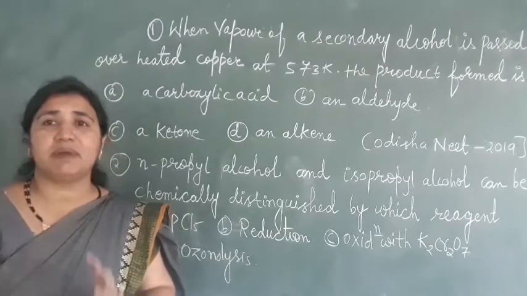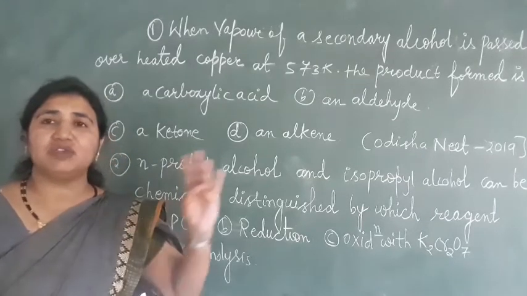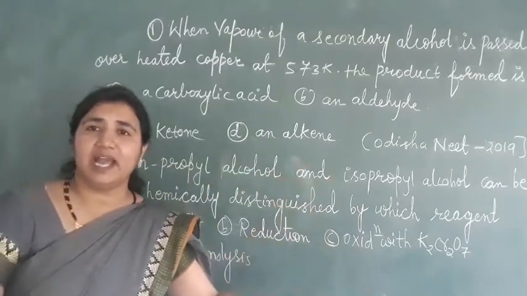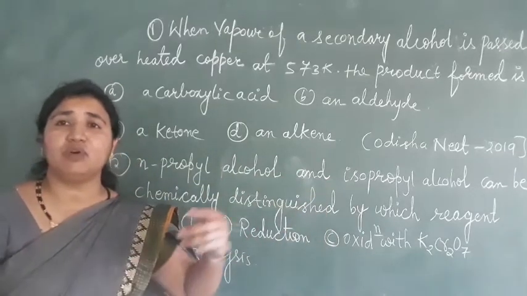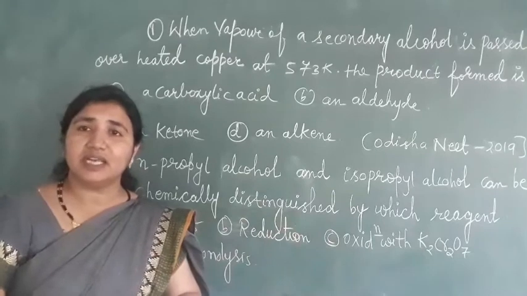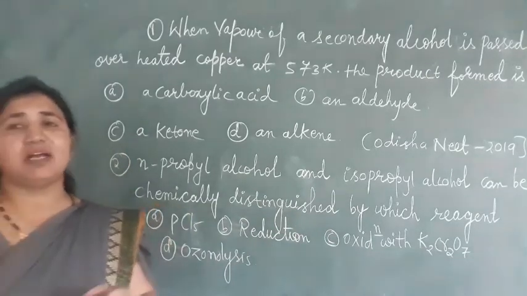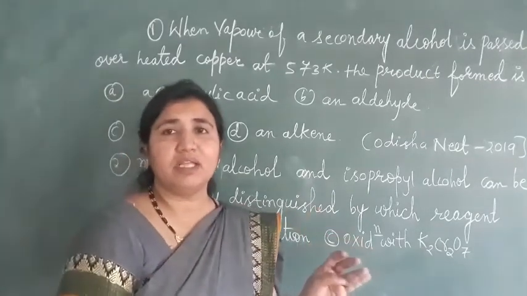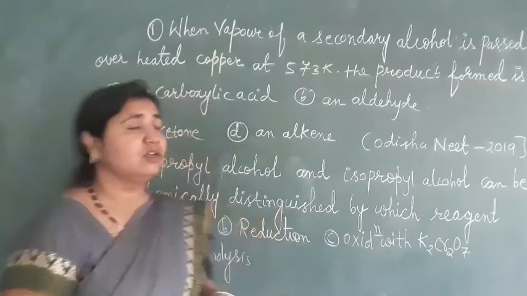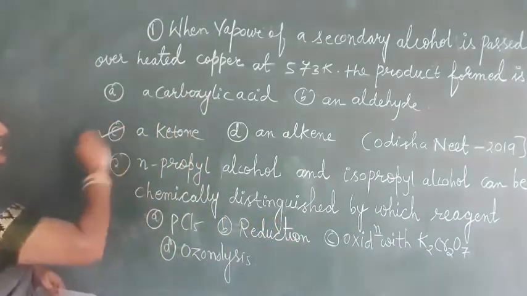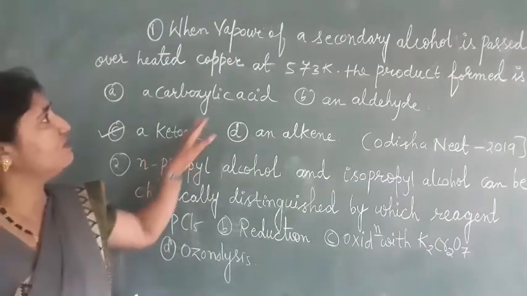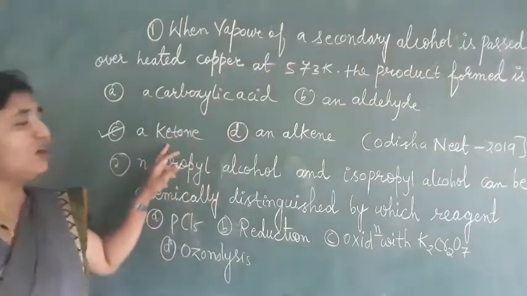Always remember, primary alcohols passed over copper give aldehyde, secondary alcohols give ketone, and tertiary alcohols passed over heated copper give alkene. So option C is the correct option here.